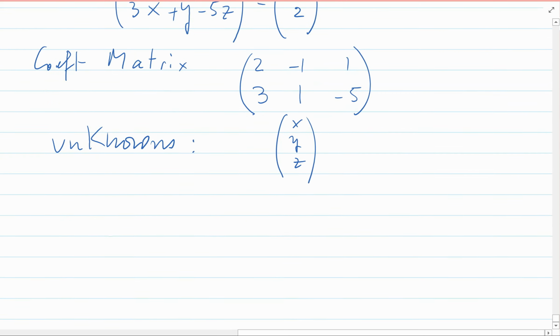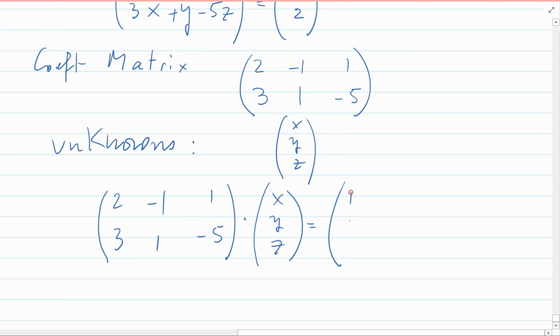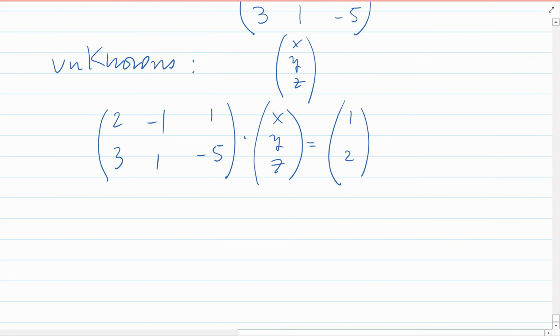So the way to look at it is, we have the matrix 2, 3, minus 1, 1, 1, minus 5, and let us assume for a second we multiply it by x, y, z to get the end result, which is 1, 2. So this form can be seen as a matrix representation of the system. We have the coefficient matrix, the unknowns, and then the numbers 1, 2.